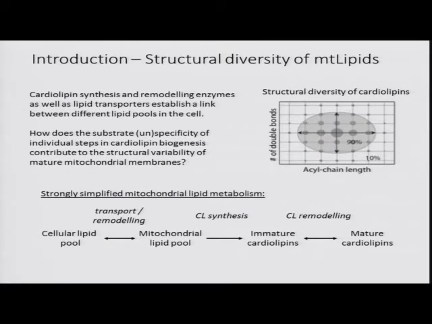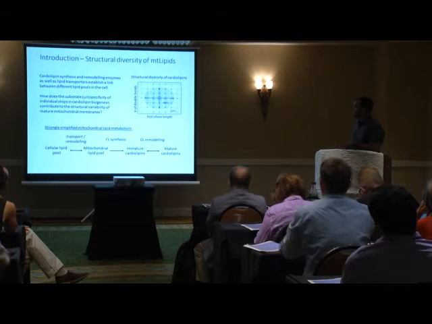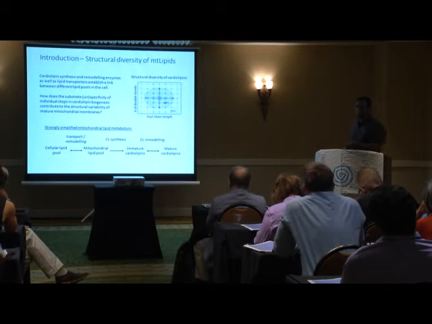And when you think about the other lipid pools that are also present in the same compartment, like other phospholipids, then you can see the different enzymes that are responsible for the de novo biosynthesis of cardiolipins and the enzymes responsible for the remodeling process as a kind of link, establishing an interaction between the phospholipid pool in mitochondria and the cardiolipin pool, as well as with the remaining cellular lipid pool.